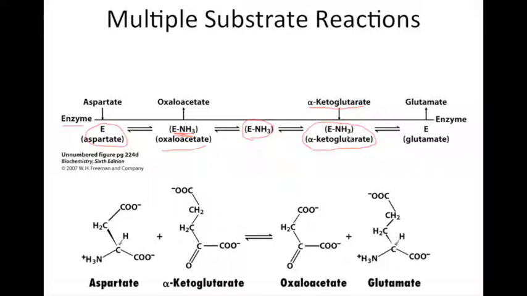So the enzyme now no longer has the amino group on it, so you just have the regular E for enzyme. And now that the alpha-ketoglutarate has accepted the amino group, it's been converted to glutamate. And so you have this enzyme glutamate complex. The glutamate is then released, and you have your regenerated or original enzyme.